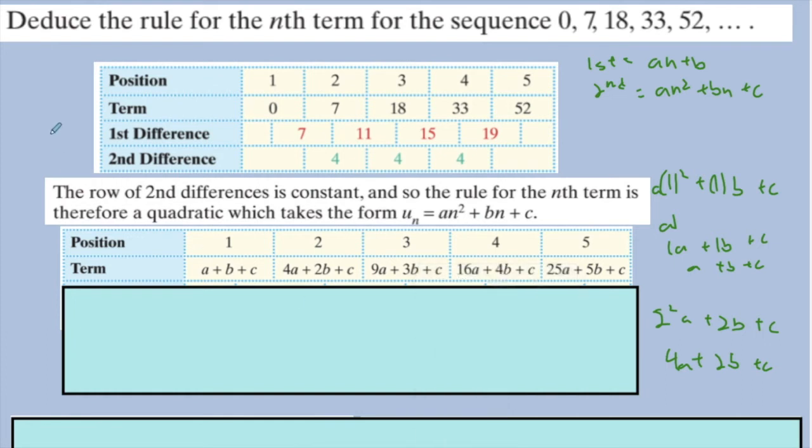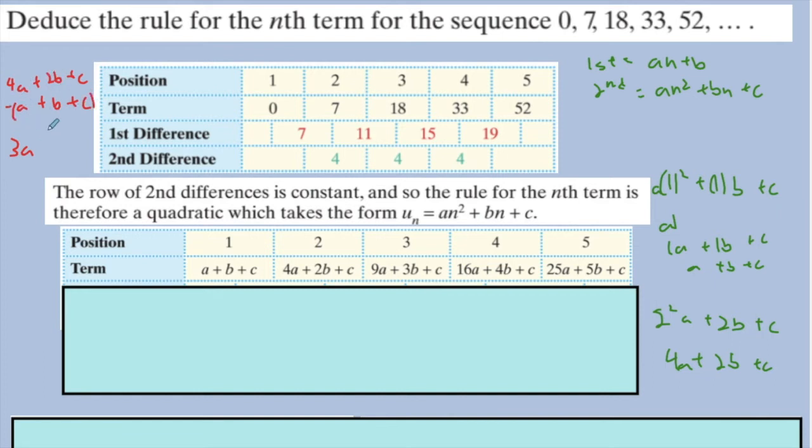I'm a little bit out of room, so I'm going to do 4a plus 2b plus c and a plus b plus c. What we're really talking about is just how far apart they are. They're 3a apart, so we're just subtracting really.